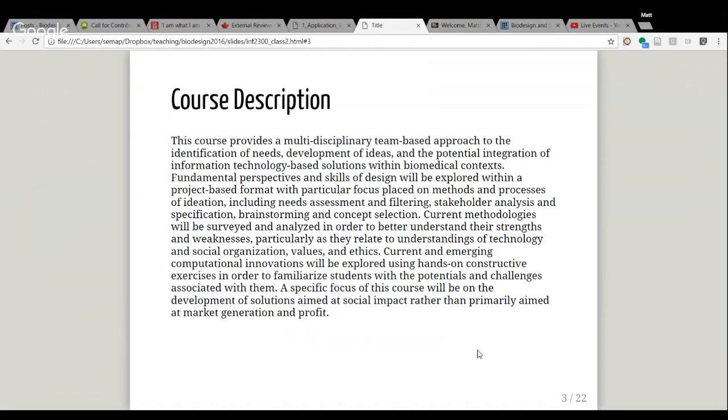For those of you who don't know what we're up to, this is INF2300, and it's really a course providing a multidisciplinary team-based approach to the identification of needs, development of ideas, and the potential integration of information technology solutions within biomedical contexts.